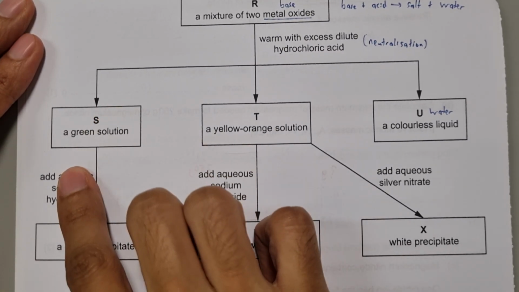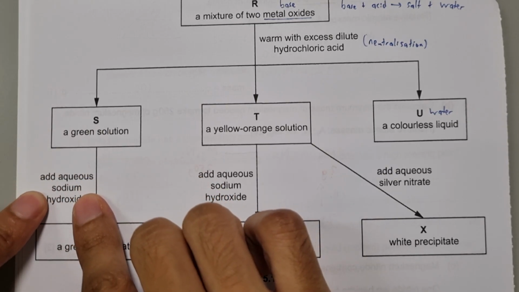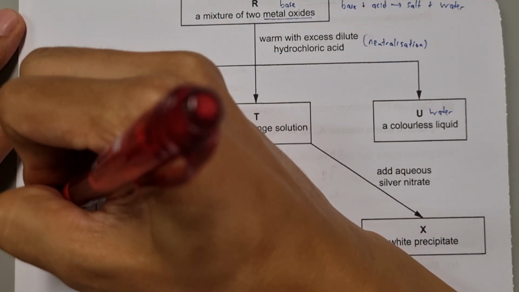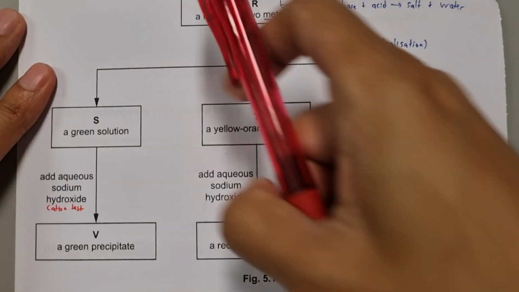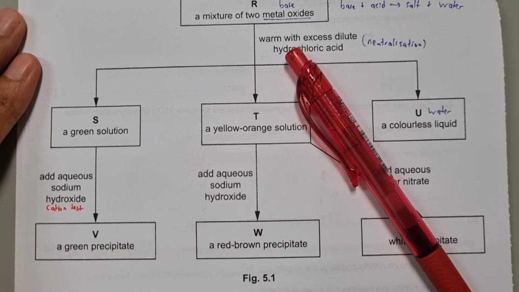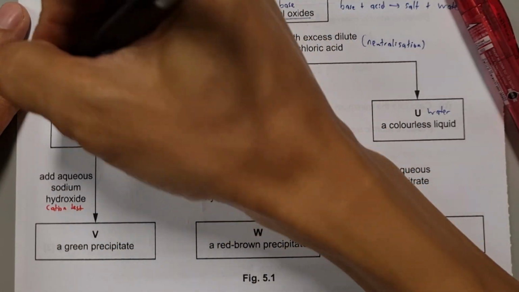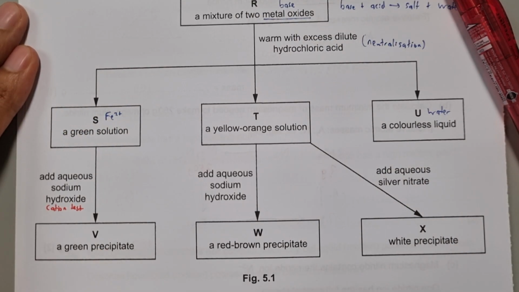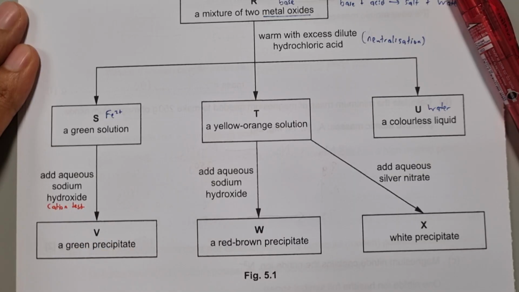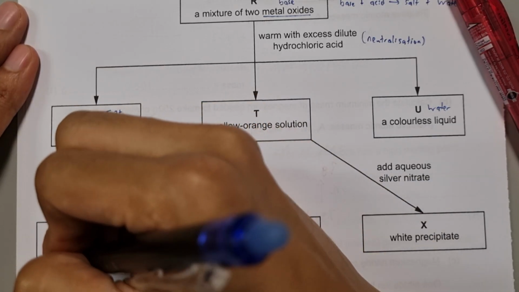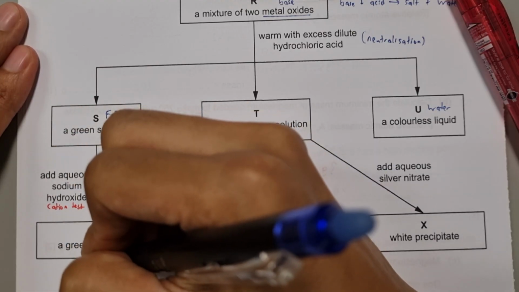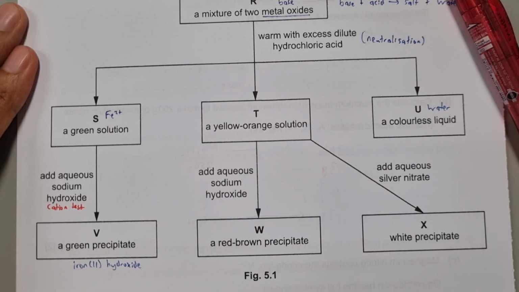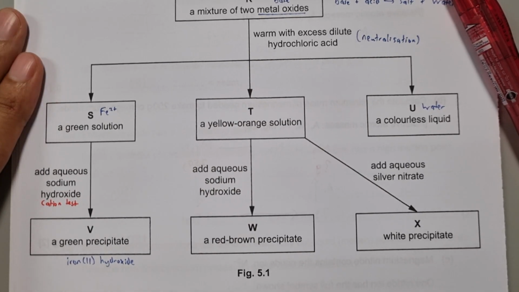I have this green solution, and it's sodium hydroxide. This would be your cation test, and I get a green precipitate. So confirm that this one contains iron 2 plus. And the green precipitate, please remember, for any cation test, the precipitates are your hydroxide. Iron 3 hydroxide. Sorry, iron 2 hydroxide.